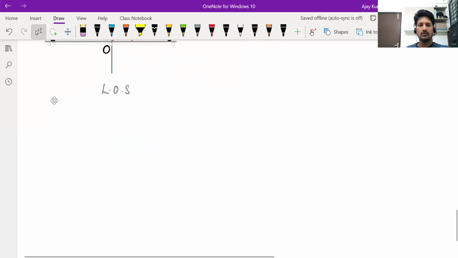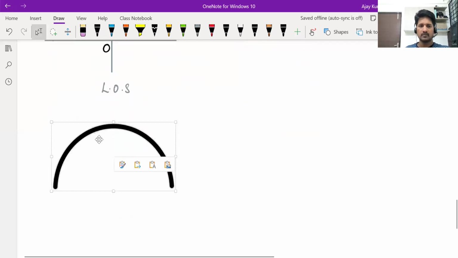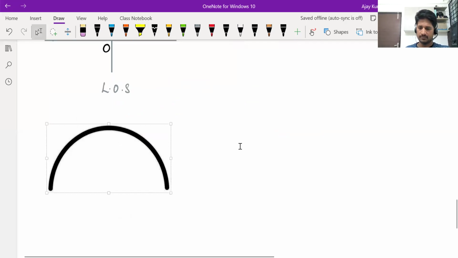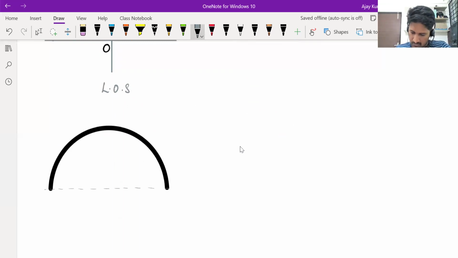You can think of it like this. I'll help you with the visualization. This is r. This angle is theta. This is the y coordinate.